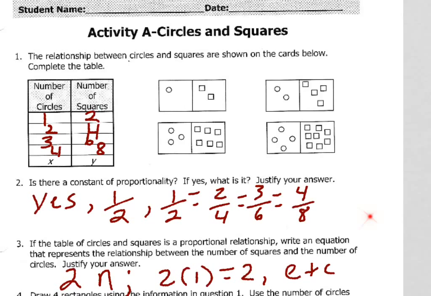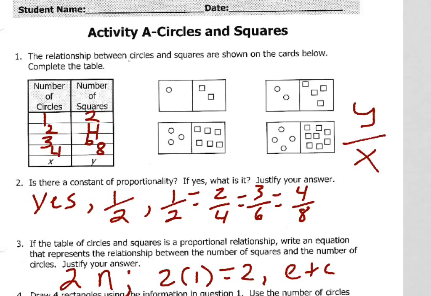And number 2 says, is there a constant proportionality? What they're asking is, is there a number that is the same throughout what we've done? So if we do our output over our input, we're going to have y over x.